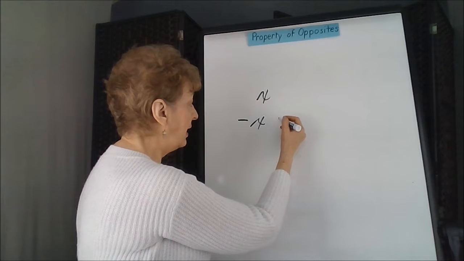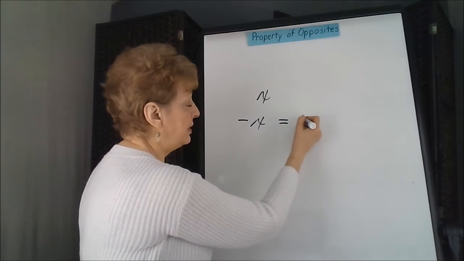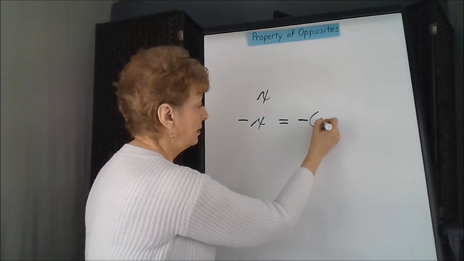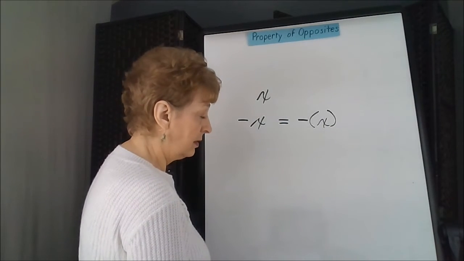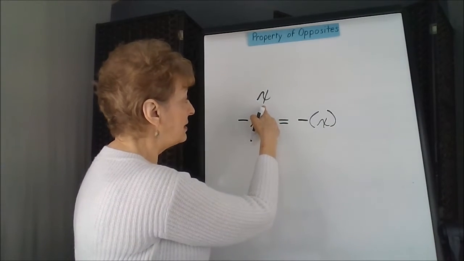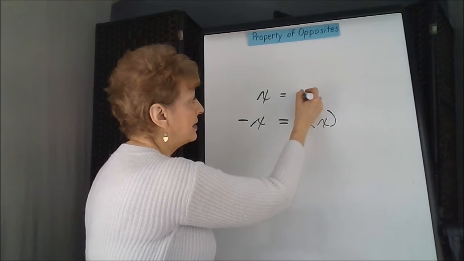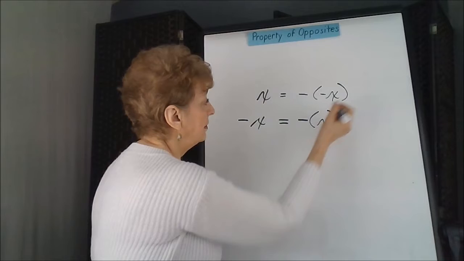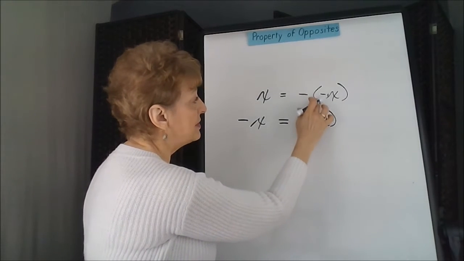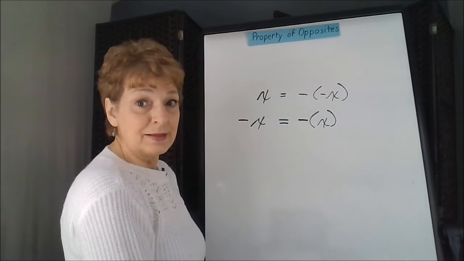Your -x could be shown this way, with a negative sign outside of the parenthesis. And a positive x could be shown as a double negative, because a negative times a negative is a positive.